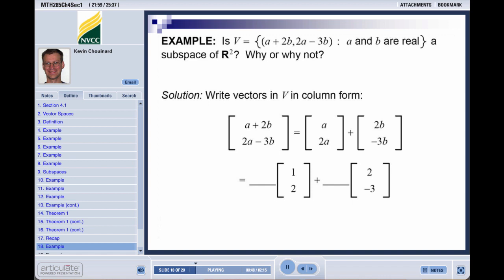And we've split it up in such a way that the components in that first vector have a common factor of A. The components in the second vector have a common factor of B. Let's factor out the A and the B. So that original vector is A times the vector 1, 2, plus B times the vector 2, negative 3, where A and B are acting like scalar multiples.